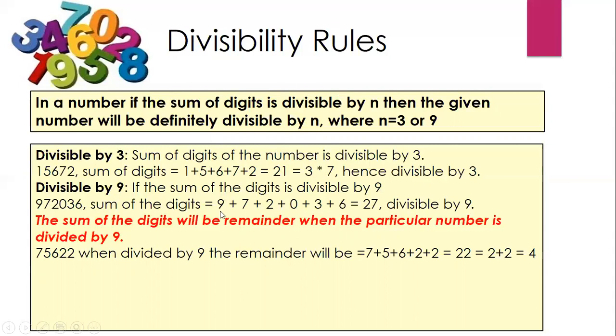I don't want to use the normal long division method. It's easy to just add the digits, and whatever sum I get will be my remainder. Here 7 plus 5 plus 6 plus 2 plus 2 gives 22. Now 22 is again 2 plus 2, which is 4. So when 75622 is divided by 9, the remainder will be 4.